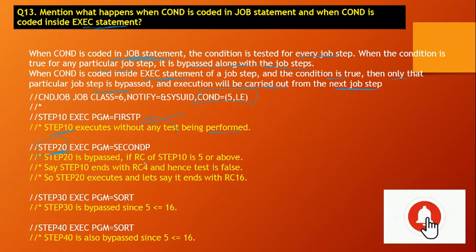If the RC of step 10 is 5 or above, this step will be bypassed. Say step 10 ends with RC 4, which means the test is false, so this step will run. Step 20 executes, and let's say it ends with RC 16. Then our third step will not run, and the fourth step will not run.